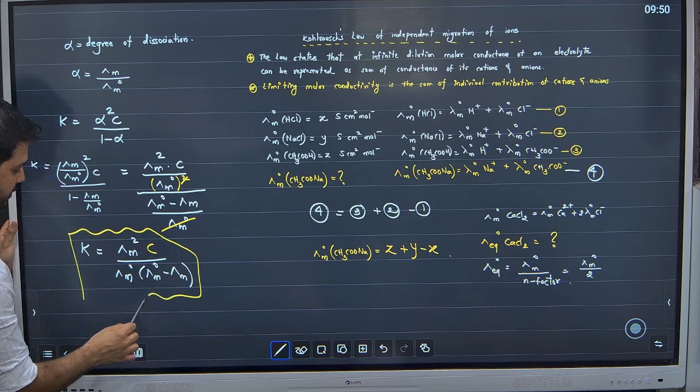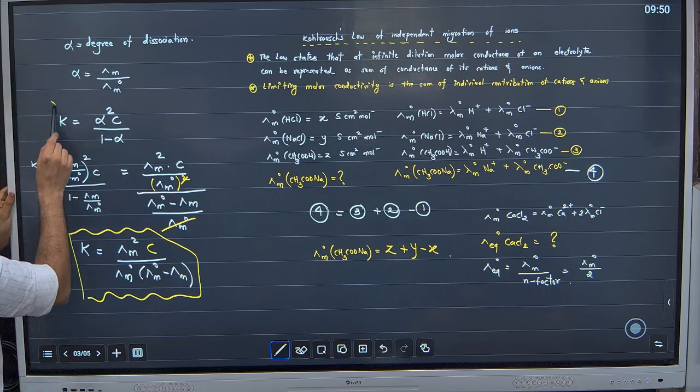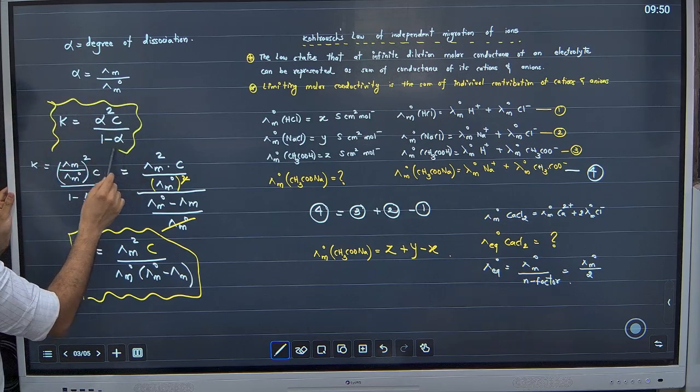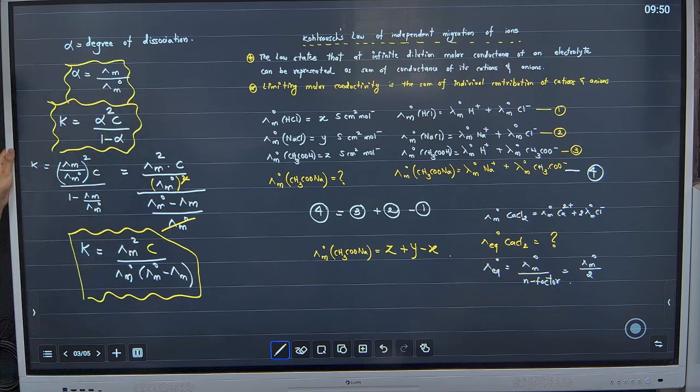This is the expression in terms of lambda m naught and degree of dissociation and dissociation constant K over here. Did you get that? Yes or no?